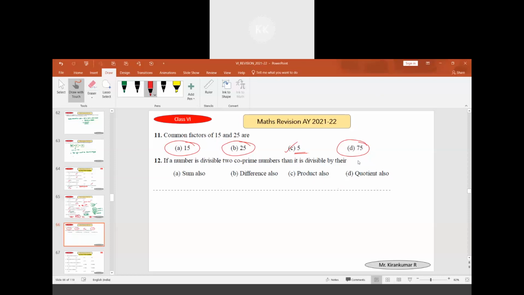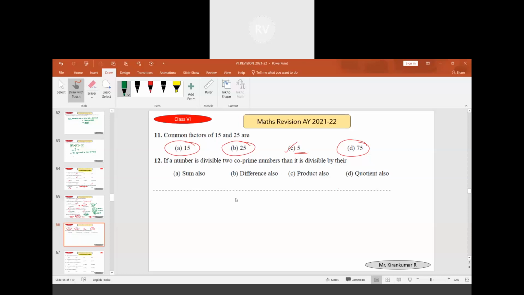Next question: if a number is divisible by two co-prime numbers, then it is divisible by their product also. How to say that? We have to take some example.